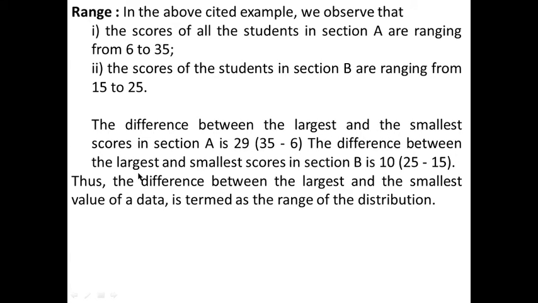The difference between the largest and smallest score in section B is 10. The smallest value is 15 and the largest value is 25. The difference between 15 and 25 is 10. Thus, the difference between the largest and the smallest value of the data is termed as the range of the distribution.